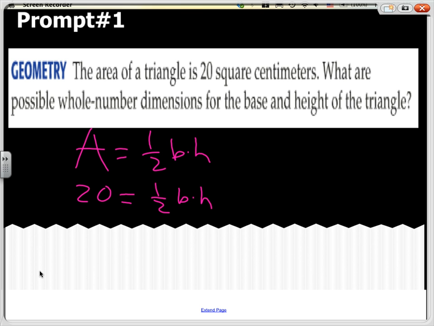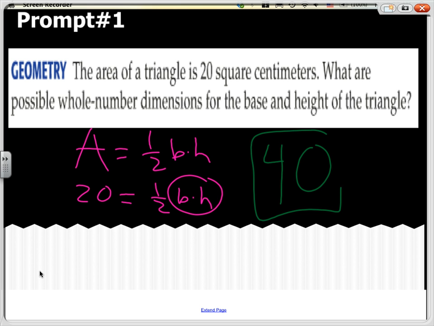So before you cut in half, what is the base times height going to get you? 40. Because half of 40 is exactly 20, right? So 40 is our target number. So I'm just going to write it again, right here. That's what we have. So base times height will give you 40 before we cut in half.